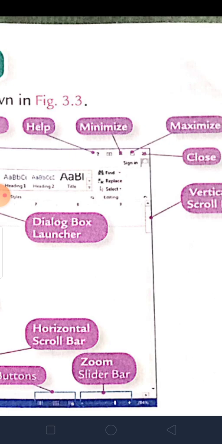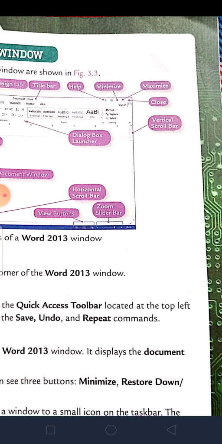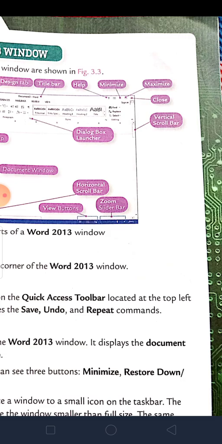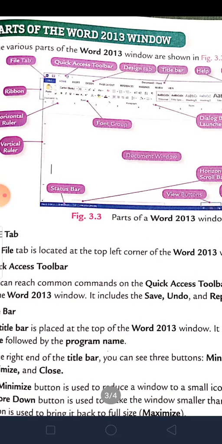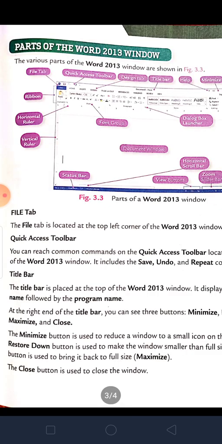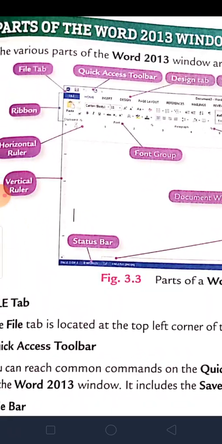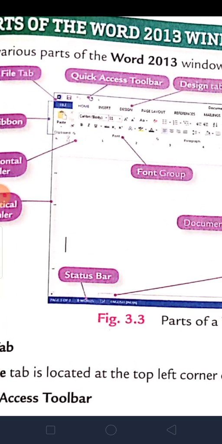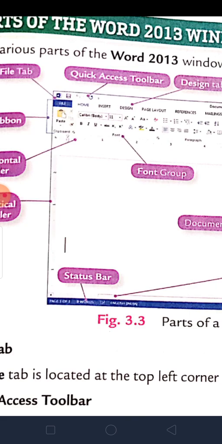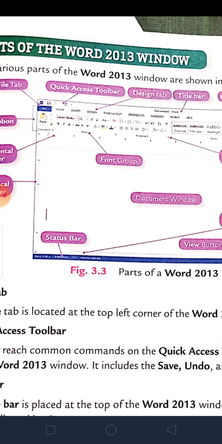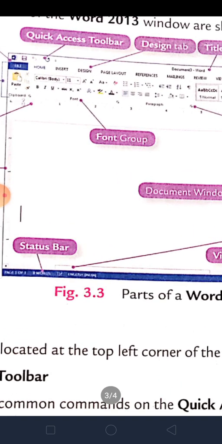And close helps us to close the work we are doing. Next is the ribbon. This portion is called the ribbon. From the File tab to the last, it is called the ribbon. Clear? In the ribbon we will get tabs and groups.